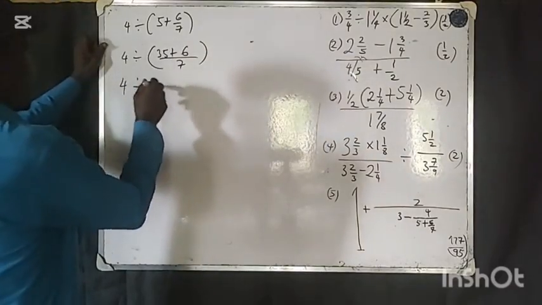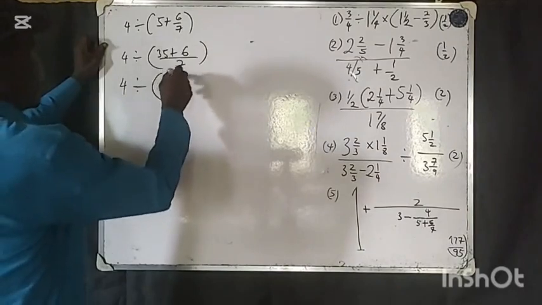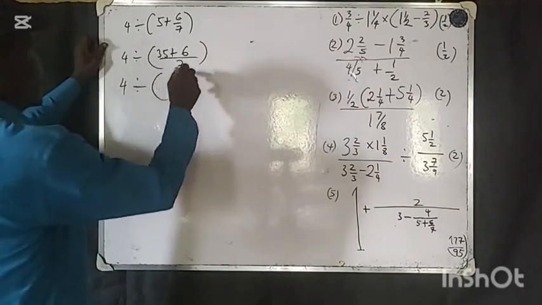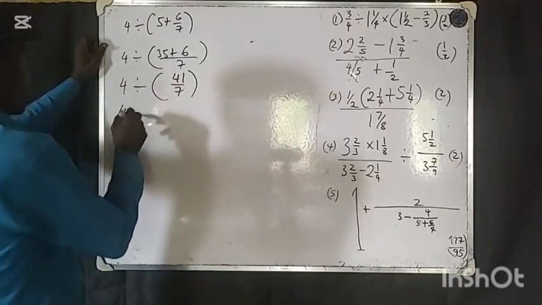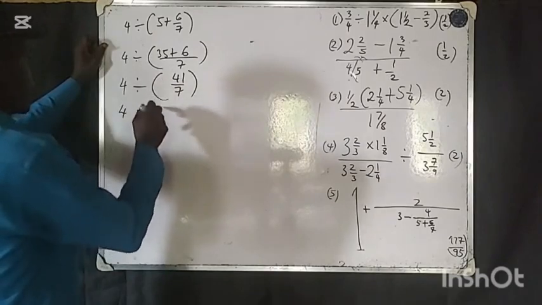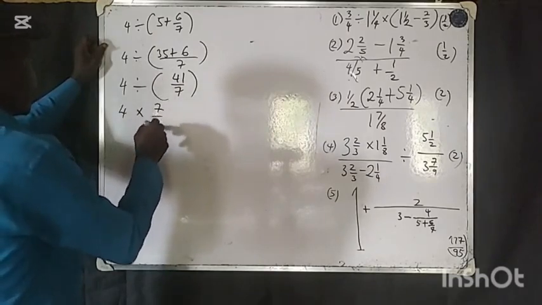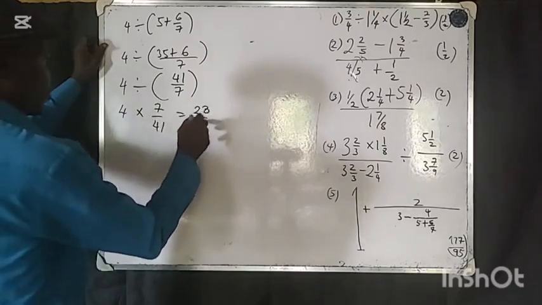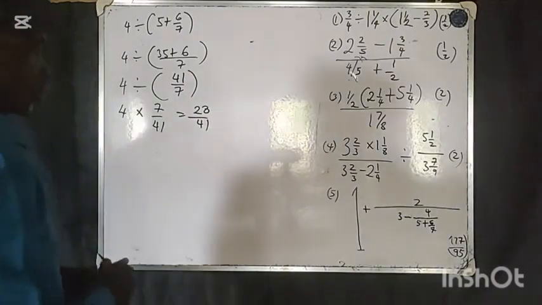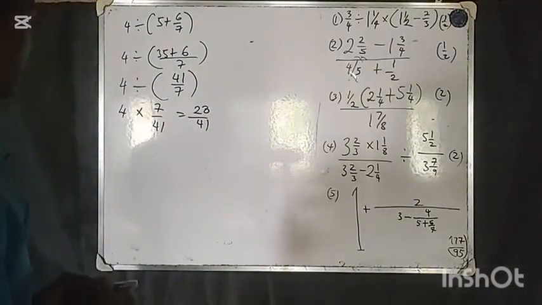If you add this one, you have 41 over 7. Then we change the divide to times. 4 times 7 over 41. So we have 28 over 41.